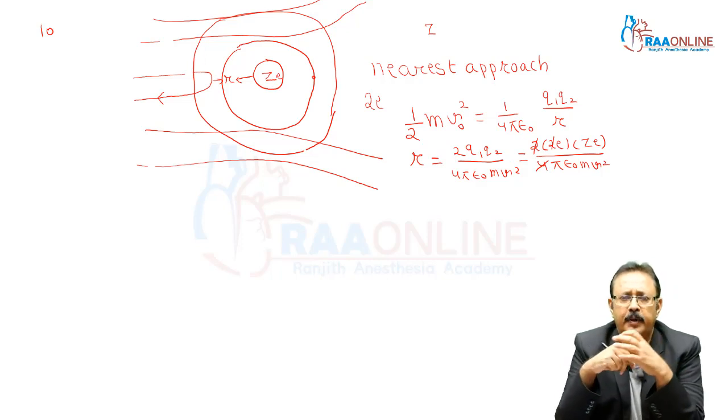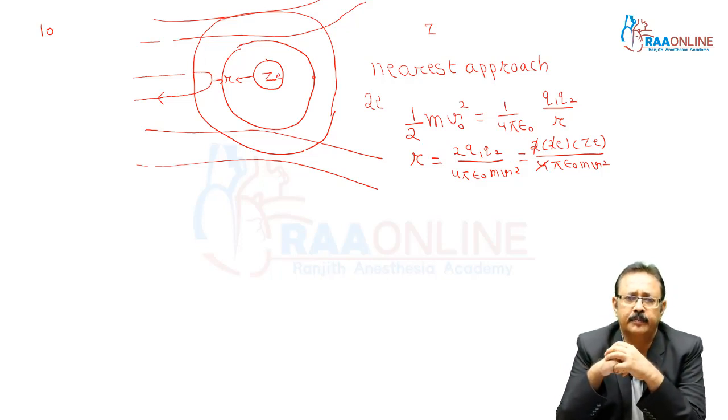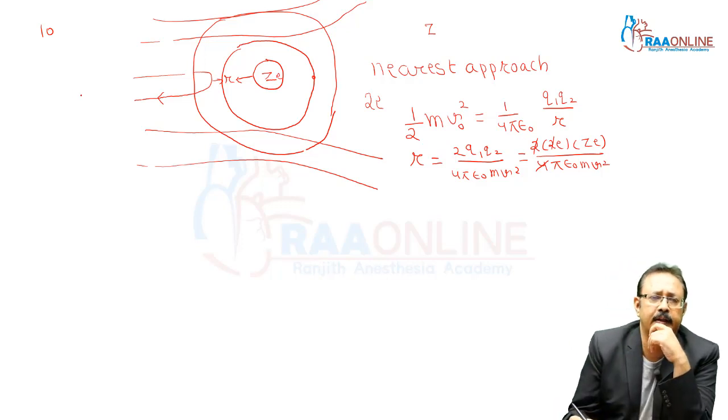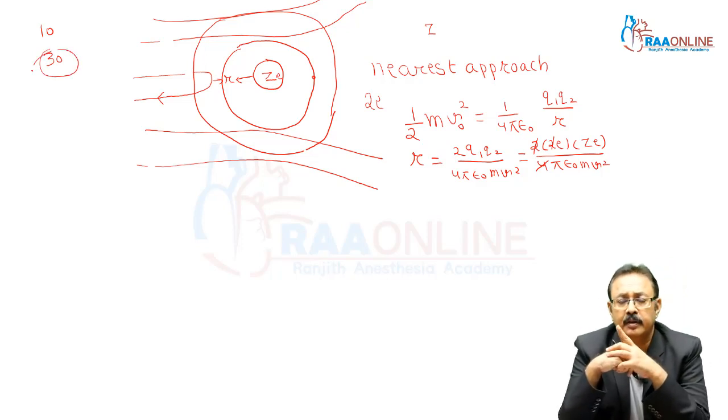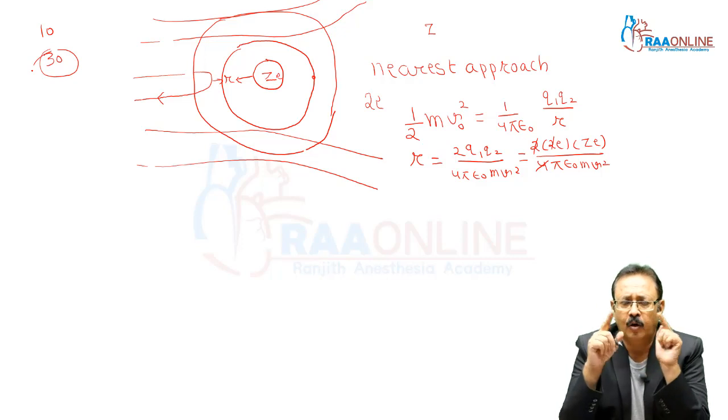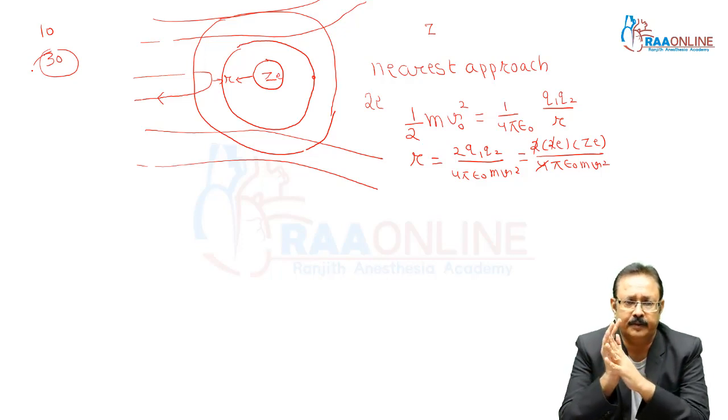If we bombard an alpha particle on an atom whose atomic number is 30, what should be the closest approach? See the formula, focus only on atomic number and r. Both are in the numerator, means r is proportional to Z. If the atomic number of the second element is 3 times, the closest approach should be 3 times. In this way, we will get the answer.